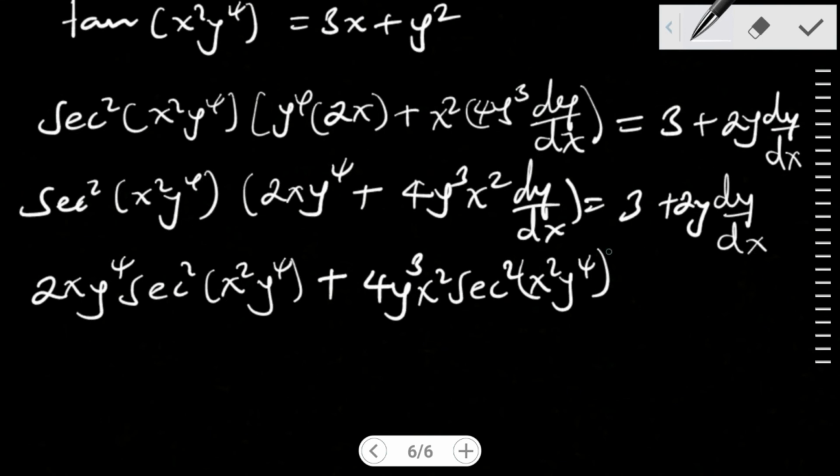Then we are having our dy dx, and this would be equals to 3 plus 2y dy dx.